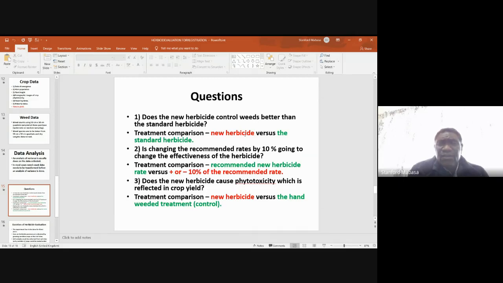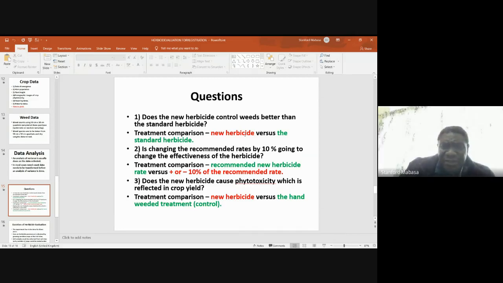The treatment comparison which answers this question is to compare the new herbicide versus the standard herbicide. Is changing the recommended rates by 10% going to change the effectiveness of the herbicide? The treatment comparison which answers this question is to compare the recommended new herbicide rate versus plus or minus 10% of the recommended rate.